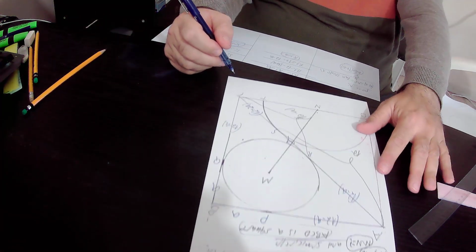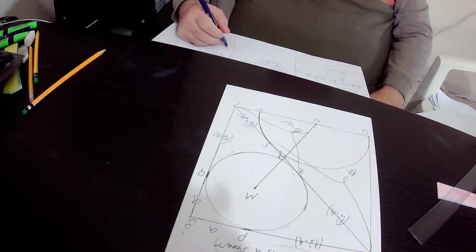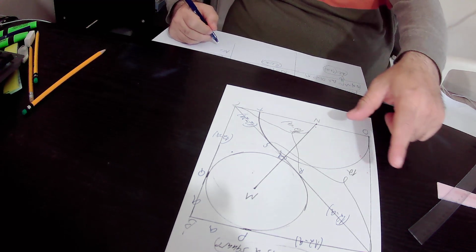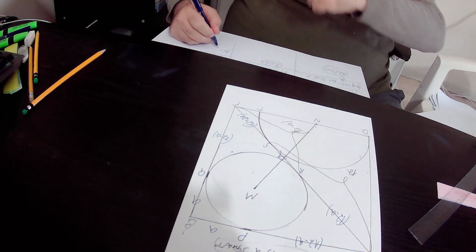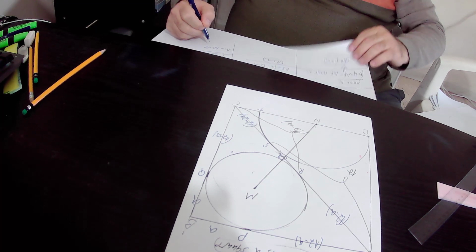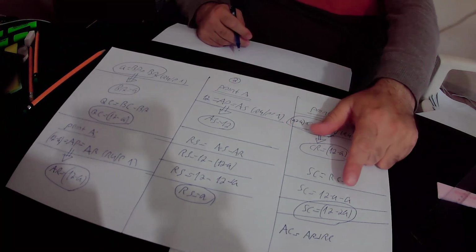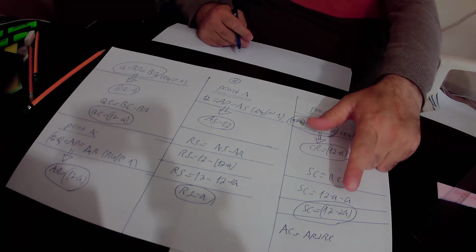And what is the value of diagonal AC? The value of diagonal AC will be equal to AR plus RC. I repeat again, the length of line segment AC will be equal to AR plus RC.